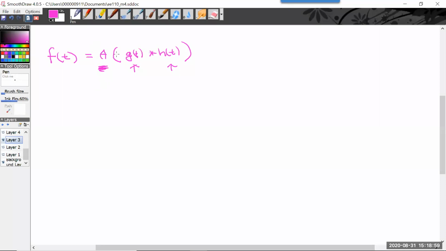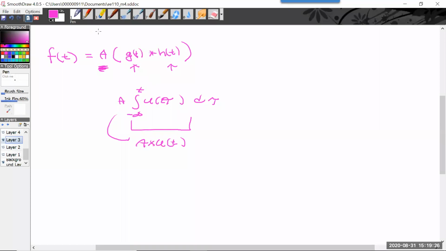So scaling, right, that's just a linear operation. And so if I were doing this, right, well, I know that this is going to give me u(t), and then I just have to multiply by A, right?